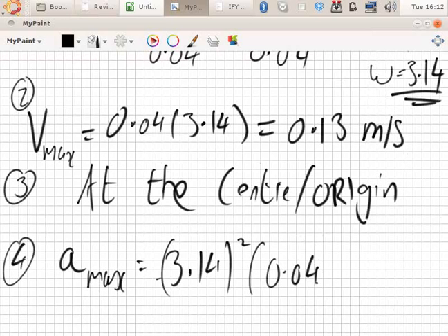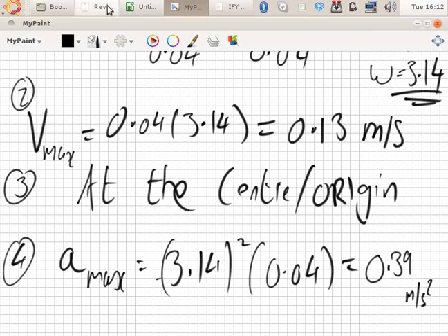Now what's that, please? It should be around 0.4, 0.39. Okay, similar logic to part 2 there.